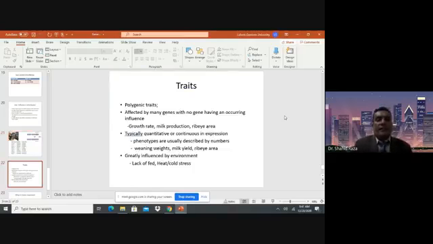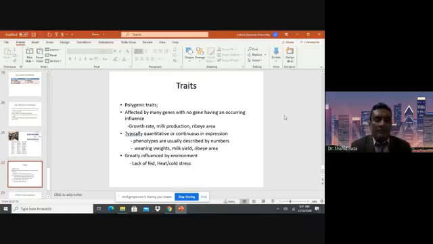When we talk about traits, they are of different natures, maybe polygenic traits. These are affected by many genes with no single gene having an overriding influence. Basically these traits are growth rate and milk production.